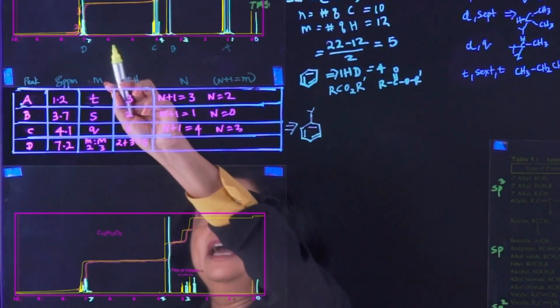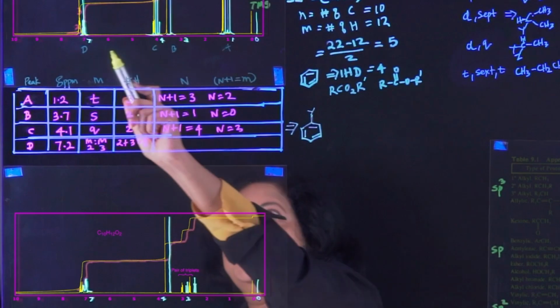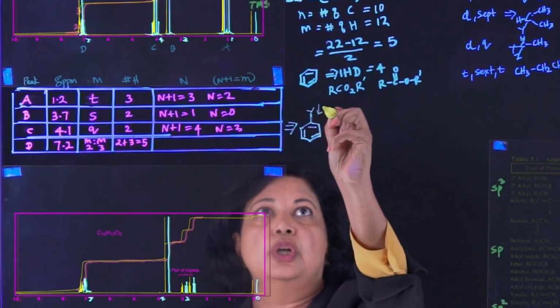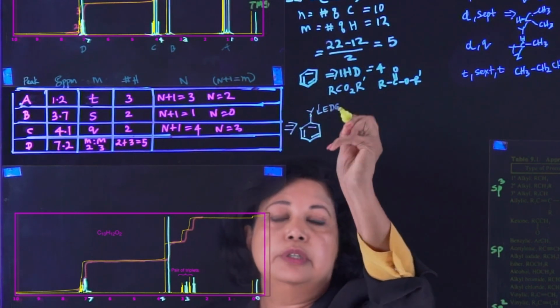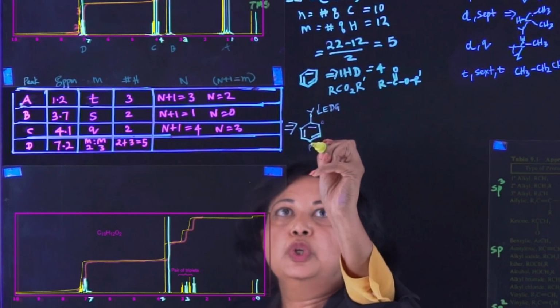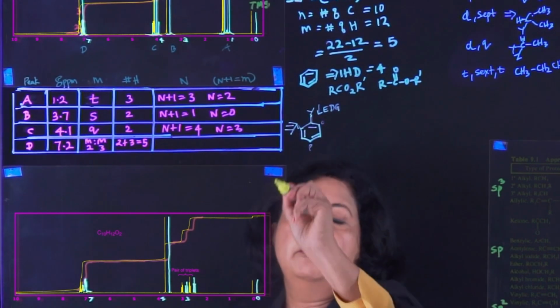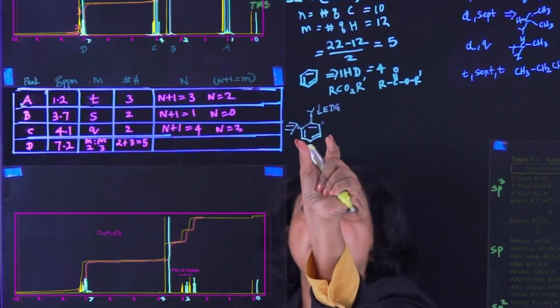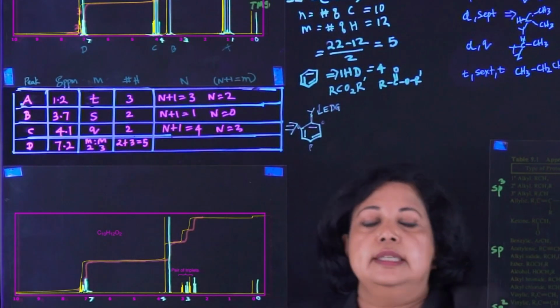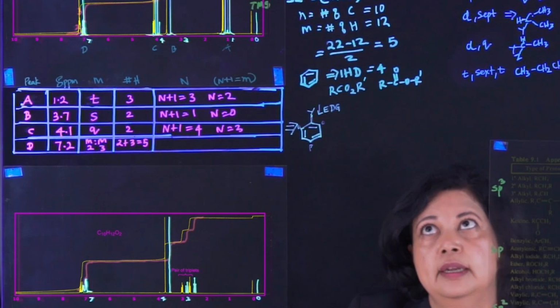And we have 3 that are shielded, two deshielded, and you know that this is going to then be an electron donating group, and we saw that trend as well, because ortho and para would be more shielded than the meta. Meta's deshielded. So you have 2 protons that are deshielded and 3 protons that are shielded. So that's an electron donating group.